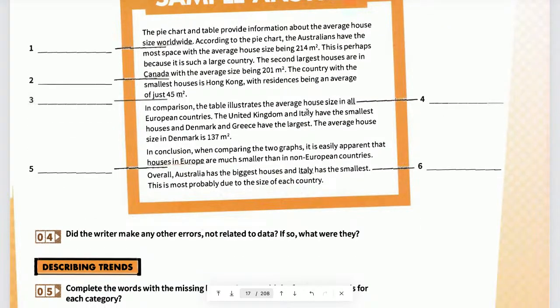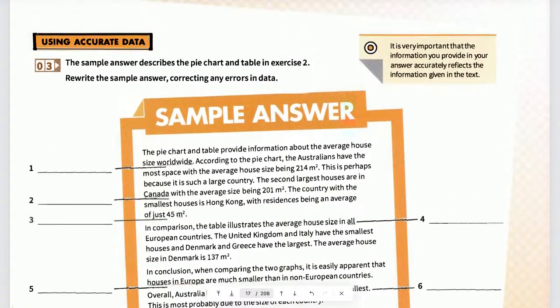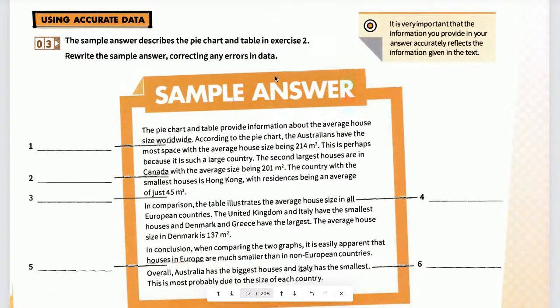So first of all, you need to look at this. This is the sample answer. It says the pie chart and table provide information about the average house size worldwide. Okay, so you have to fix that. Now fix that, guys, and then later on you need to write this. It is very important.